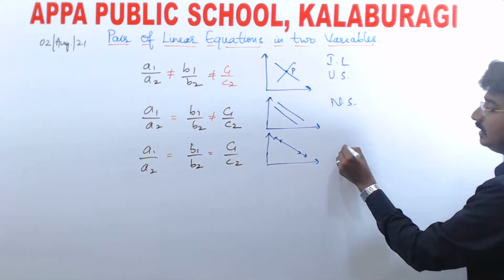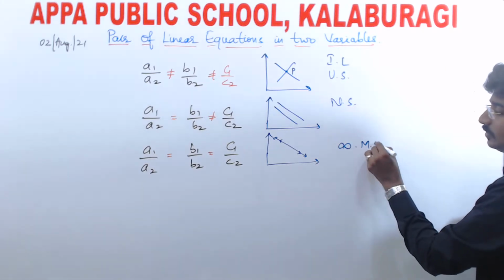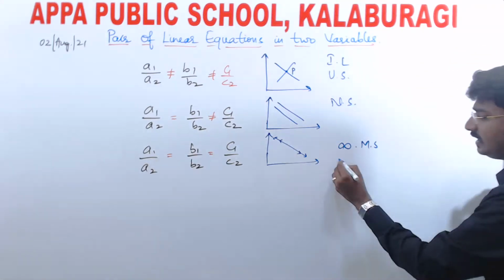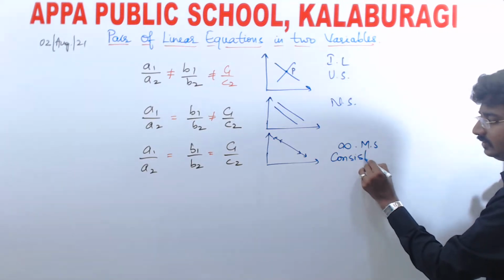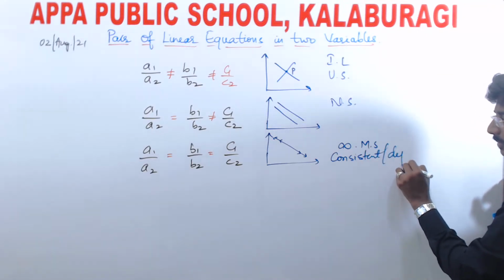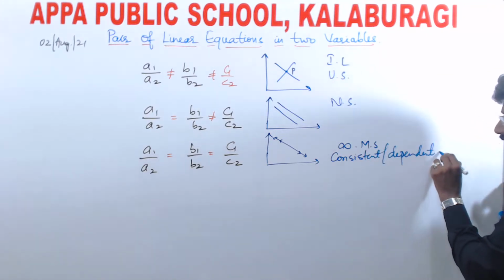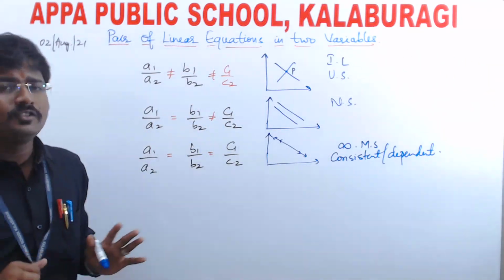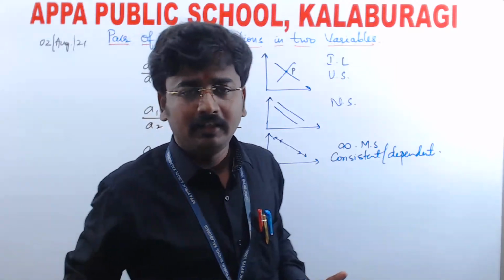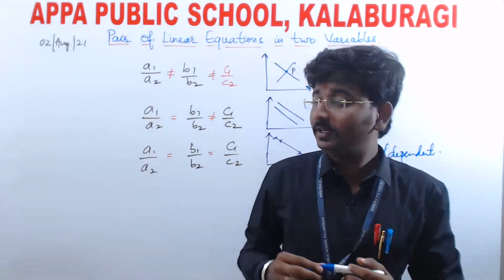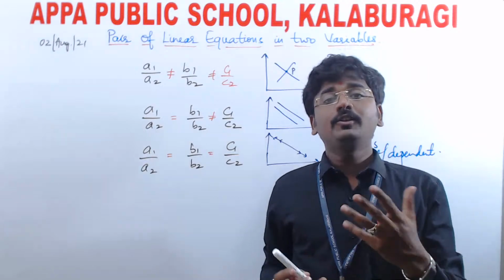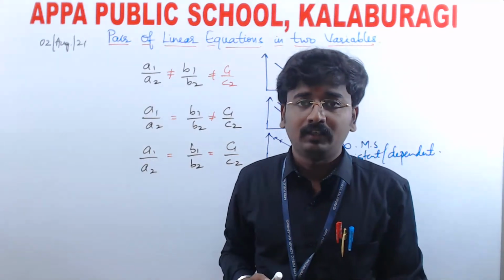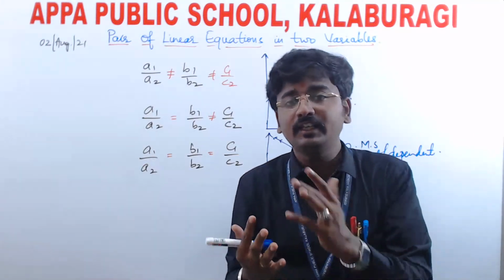It has infinitely many solutions. You can say here the system is consistent or dependent. So if you know this table, you can solve the problems. And based on this condition, you can also give examples, in the sense you can create your own linear equations.